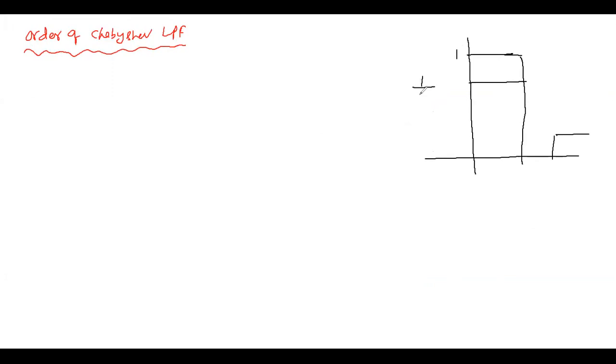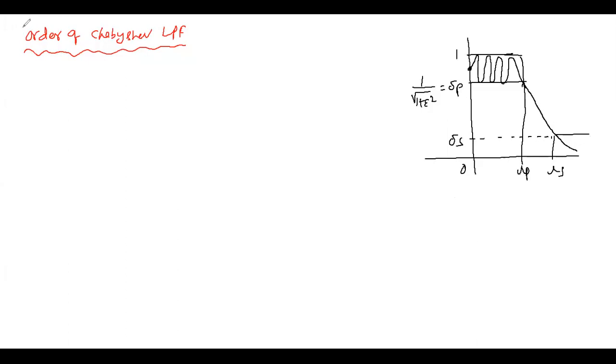One is 1 by root over 1 plus epsilon square, that is equal to del P. Okay, I'm assigning it in the pass band, and this is your del S. Okay, this is omega P, omega S. Now again, the ripple is starting from somewhere. I'm not drawing it exactly because it depends upon the order of the filter. Okay, this is our analog Chebyshev low pass filter type 1.